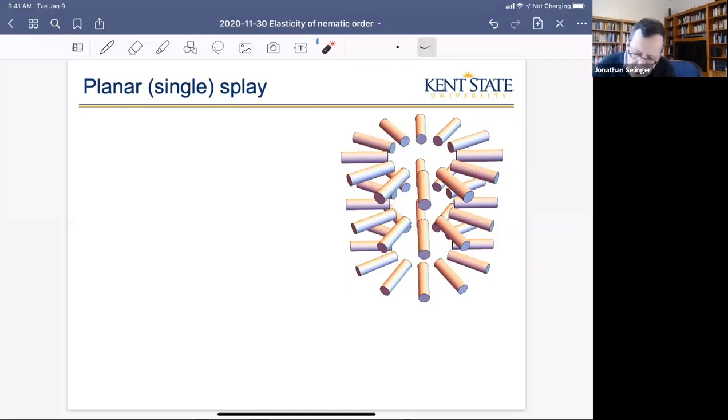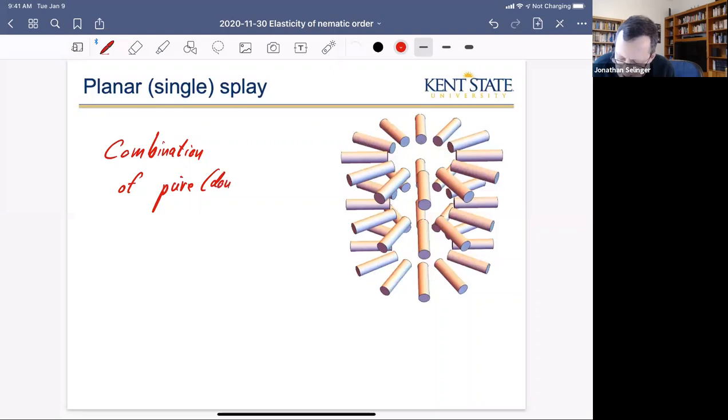This likewise is a combination. It's a combination of pure double splay and this delta mode.